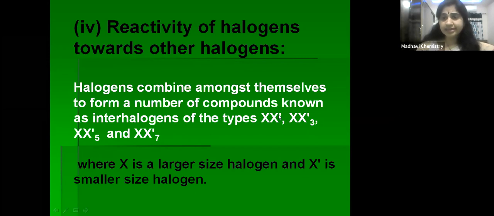What is X and X'? X is a halogen which has larger size. And what is X'? It is also a halogen, but it has smaller size.